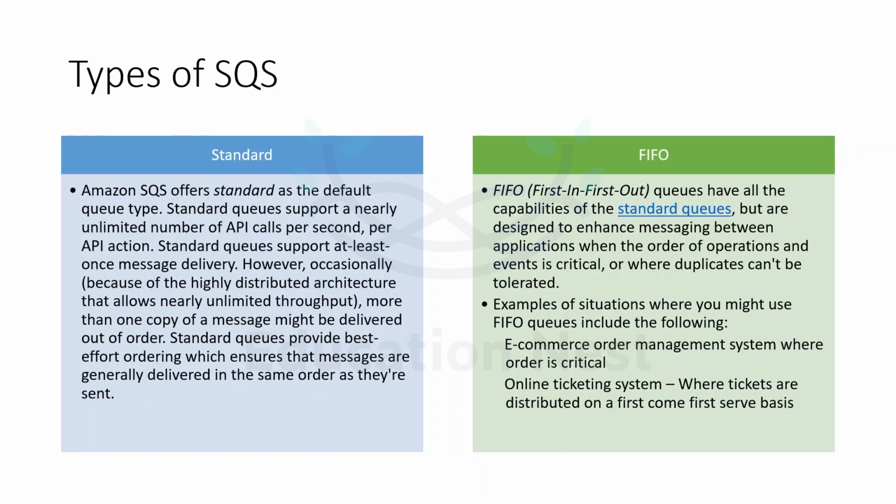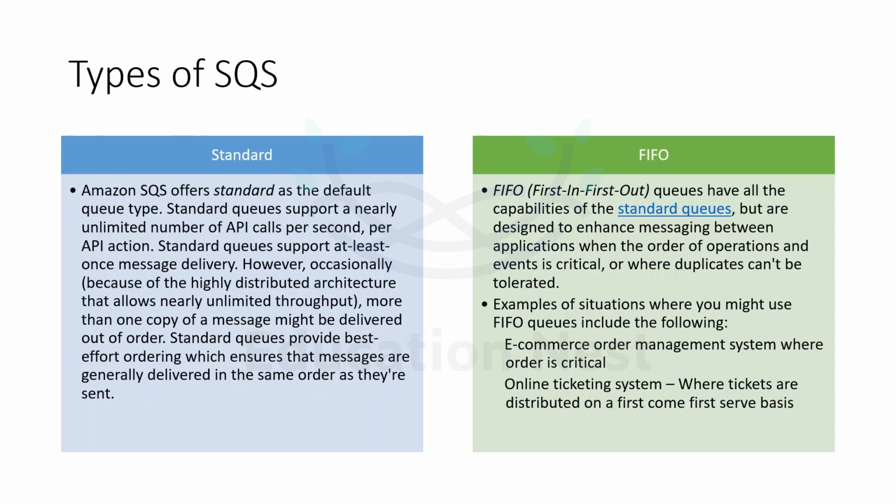You can make so many API calls at the same time on that queue. But the thing is, it supports at-least-once message delivery. What I mean by that is, there may be chances that you might get a duplicated message, because it is at-least-once delivery, right? So sometimes it may happen that due to high traffic, it will deliver the messages twice.